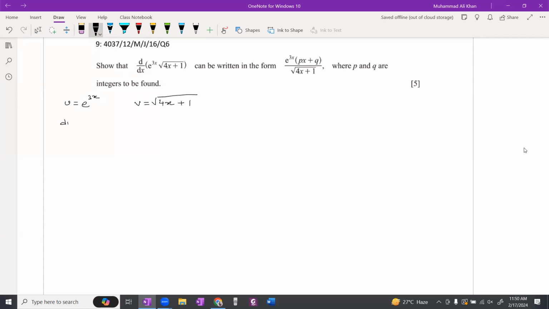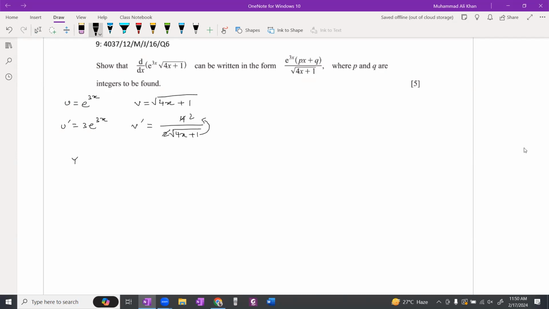So du over dx, or u dash, is 3 e power 3x, and v dash is 1 upon 2 under root 4x plus 1, and the derivative of 4x plus 1 is 4. So the final answer is 2 over under root 4x plus 1.